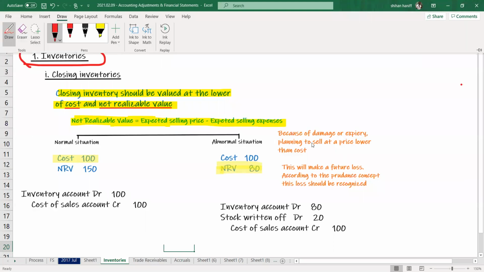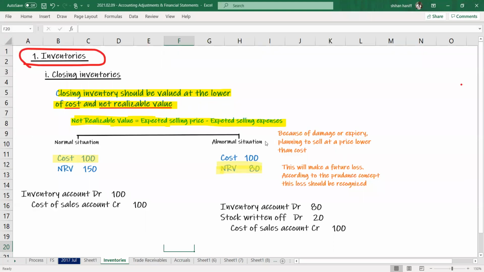Let's say for an example, we have a business buying and selling milk packets. Each milk packet we purchase at 30 rupees and we sell at 50 rupees.